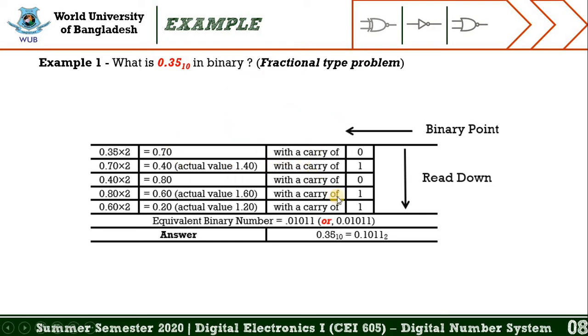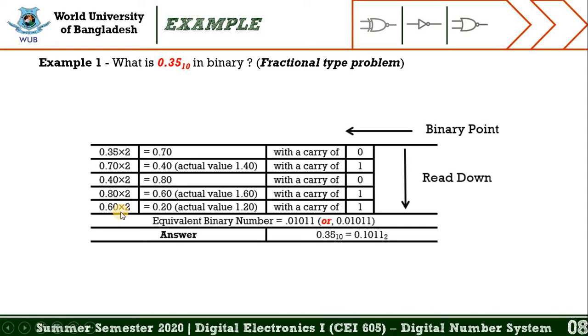Next, 0.40 into 2, then we get 0.80, and in this row there is no carry found. So let's move into the next step. 0.80 into 2, then we get 0.60. Actually we get 1.60, but here we write 0.60 and 1 is the carry value, that's why in this row we write a carry of 1.